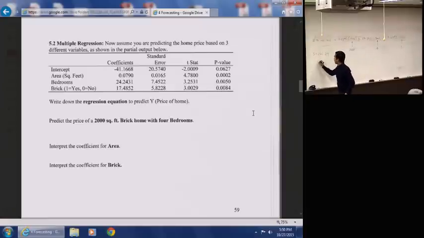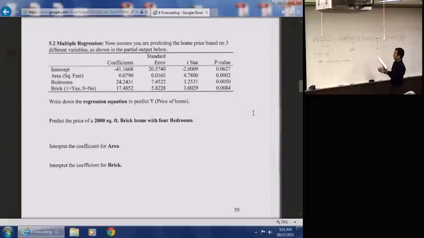Yeah, you can start with given other variables being constant. Always start with this magical phrase, and then you interpret. Other variables being constant, and okay, let's start interpreting. So 0.0790, what does it tell you?